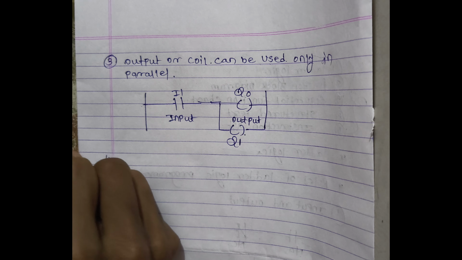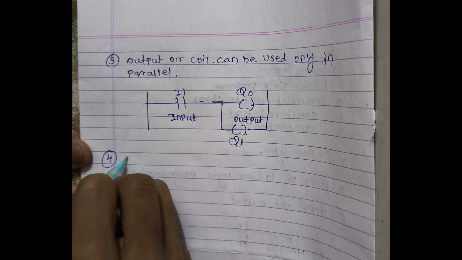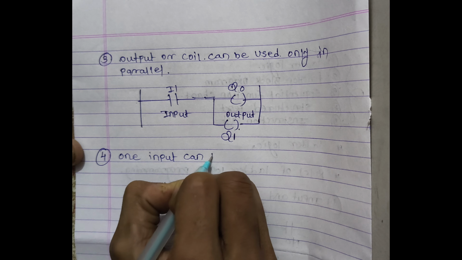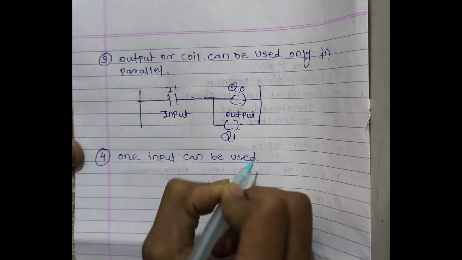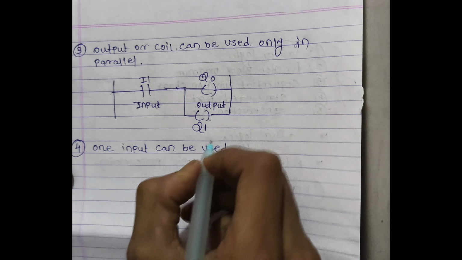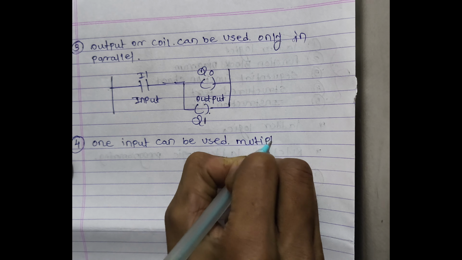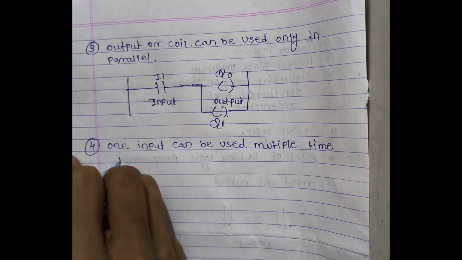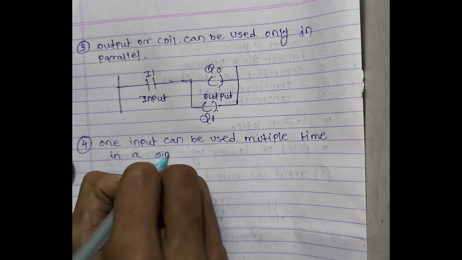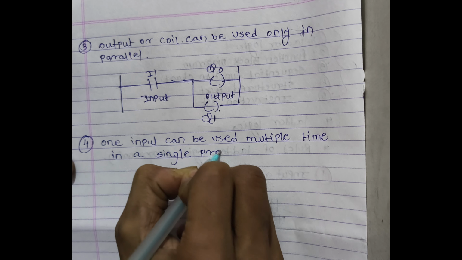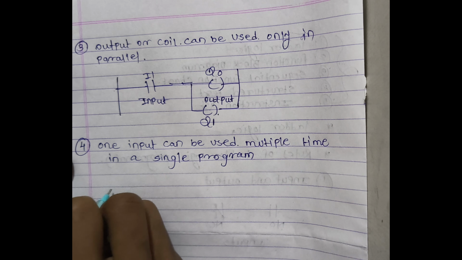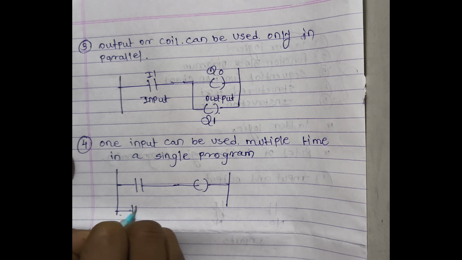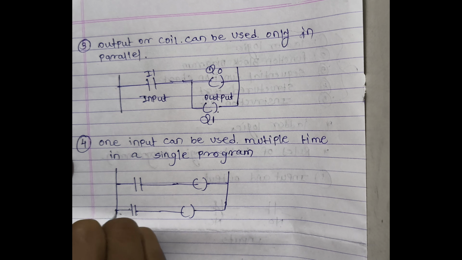Then the next rule is rule number 4. One input can be used multiple times in a single program. So I write here one program, and this is also my one program.